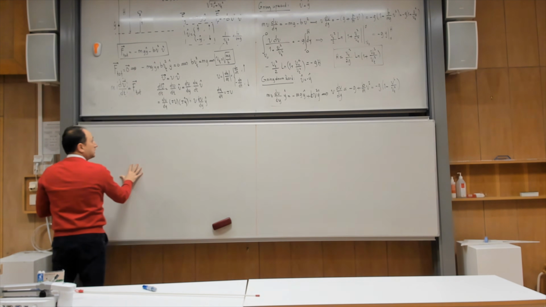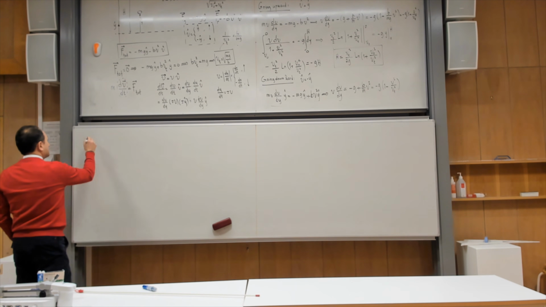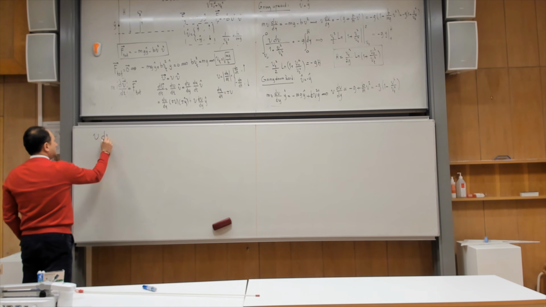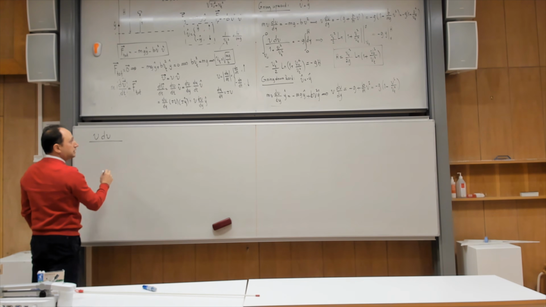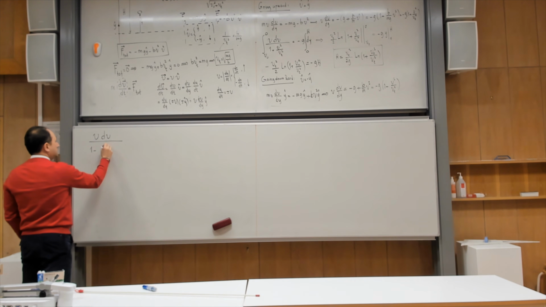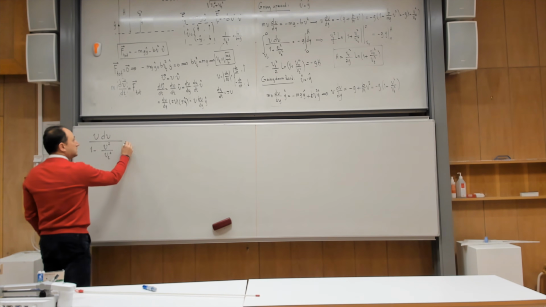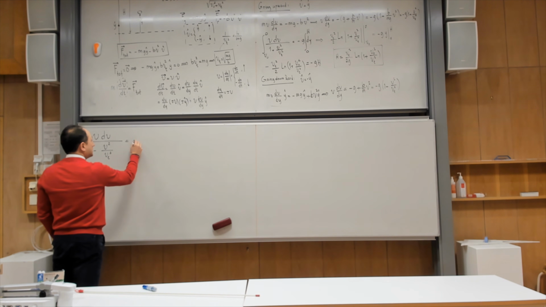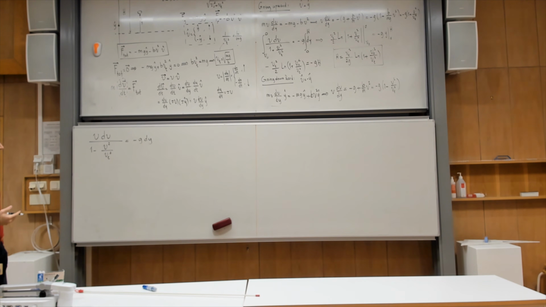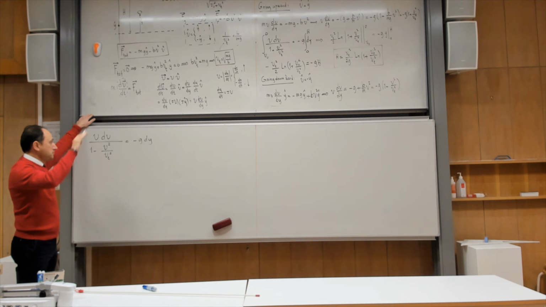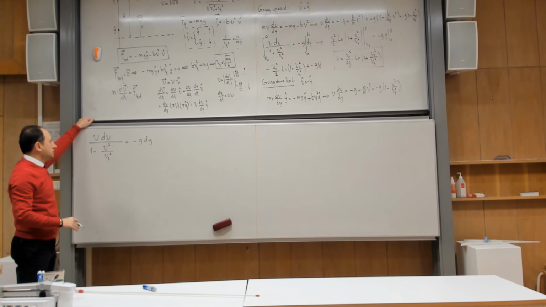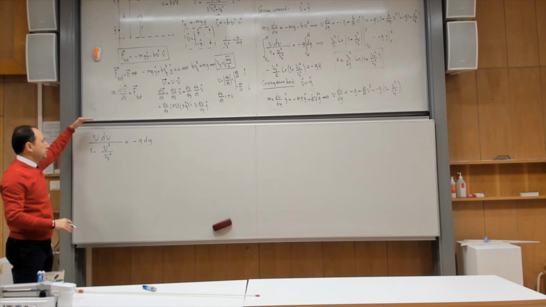So if I want to solve that, I use the same trick. So I will have v dv, and here I divide it by 1 minus v squared over v terminal squared is equal to minus g dy. Yes? But this time, the particle is up there, it's at the maximum height, and I am interested in the speed of my particle when it hits the ground.